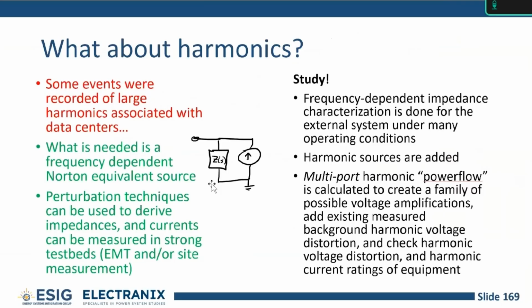But it was so large that the utility added a lot of capacitors in the system to compensate for the VAR losses for that load. So this is just a power flow outcome. They added a lot more shunt caps, and different combinations of those shunt caps drove system harmonic resonances to 5th and 7th, which meant we had a large harmonic amplification problem at 5th and 7th as a result of the capacitors, which were a result of the load.